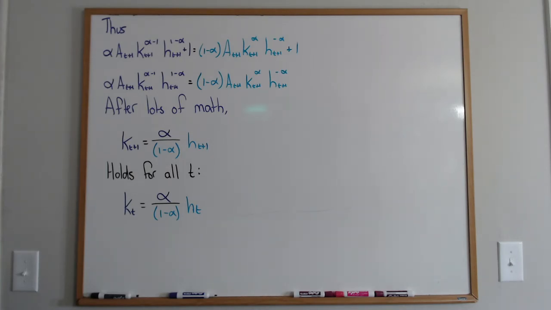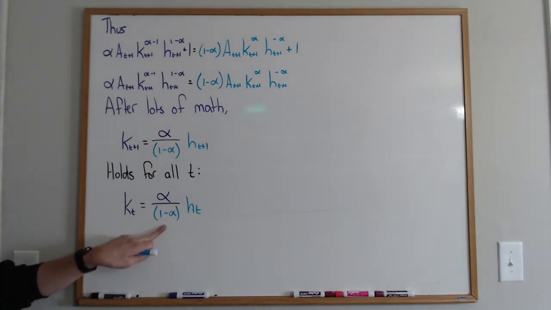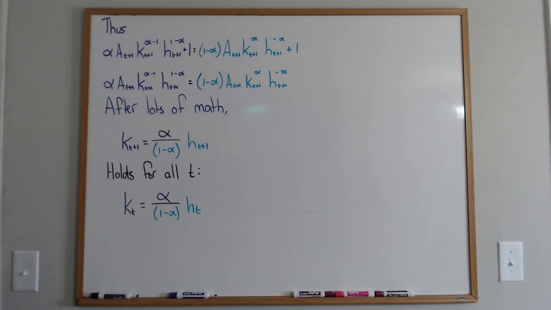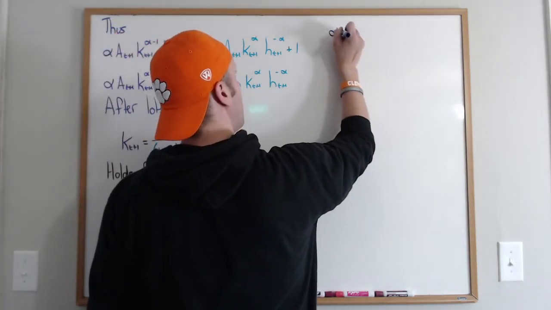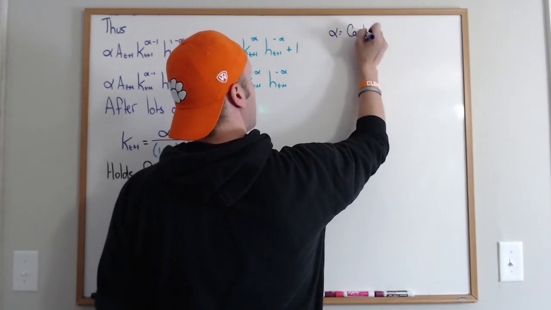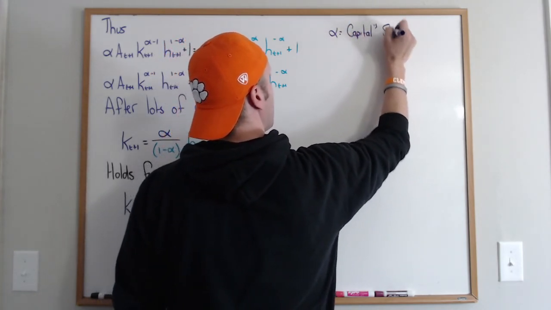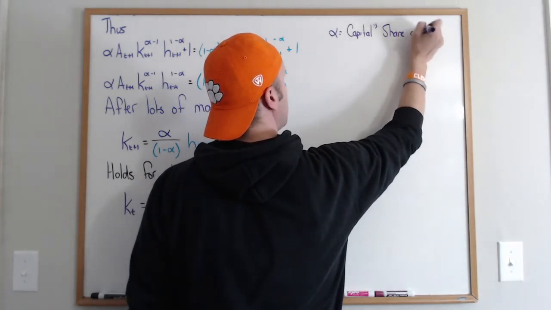When you simplify everything down, and you can work through all this math if you want to, it's in the book, you don't have to do the math, you get this little relationship right here. So let's talk about what alpha and one minus alpha are. I've talked about alpha in the Solow model: it's capital's share of output, here actually capital's share of income.